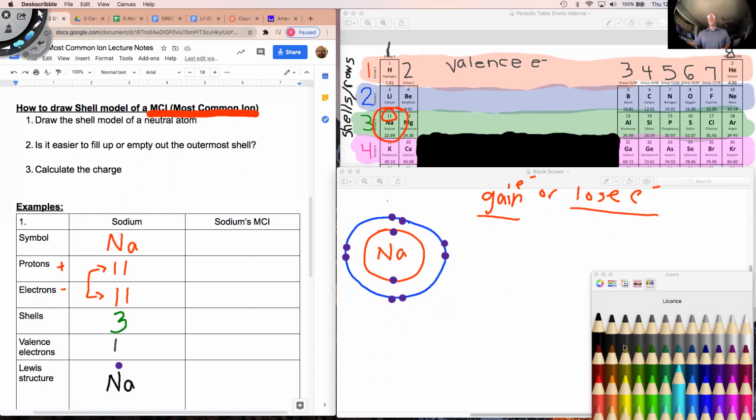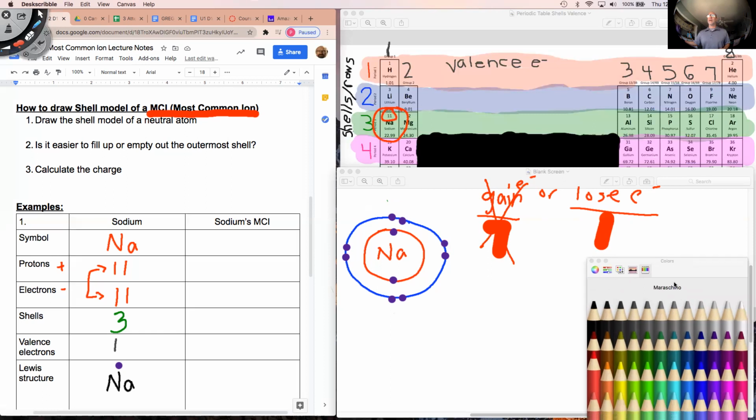And what do you think sodium's going to do? Do you think sodium wants to gain 7 electrons or lose 1 electron? Well, sodium is going to lose 1 electron. This is what sodium's going to want to do, which is much easier than gaining 7.